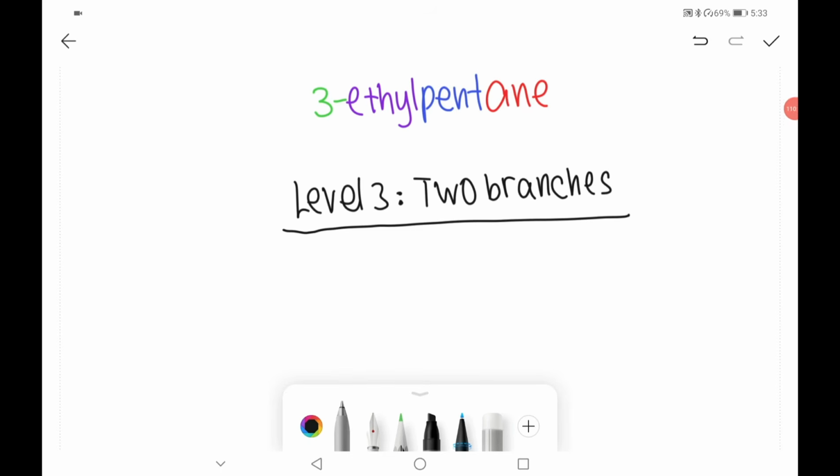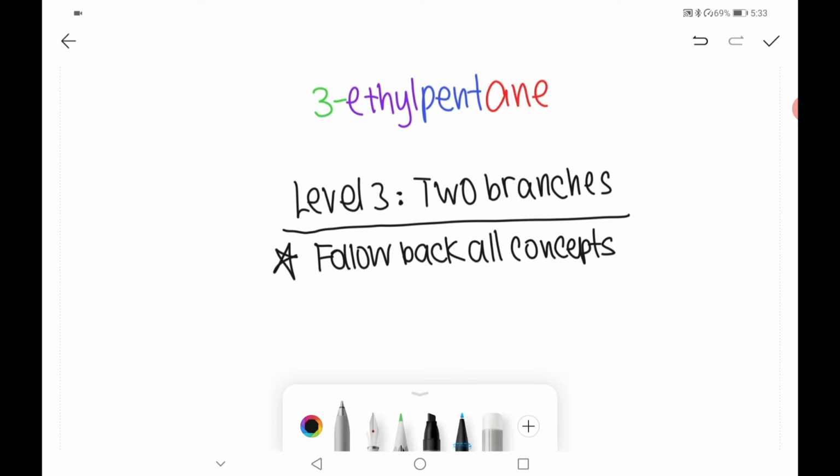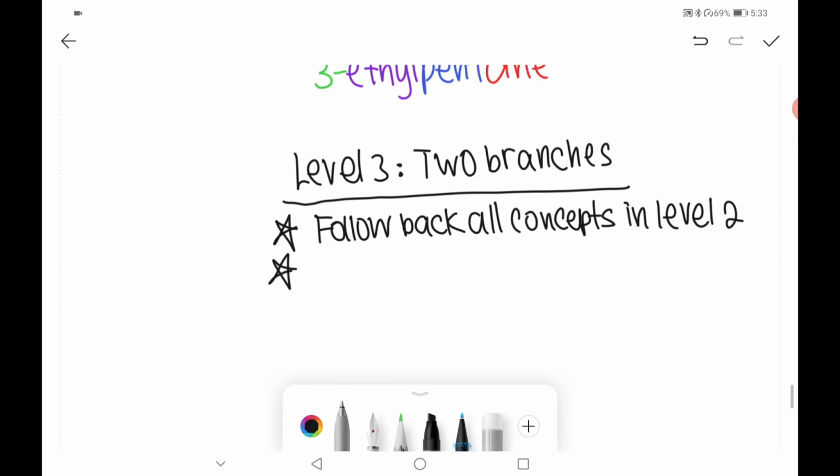So for 2 branches, what should you do? You will follow back all the concepts in level 2. You will still use the same concepts there. Then the only difference is this. There are 2 main differences. When you have 2 branches, you need to use a keyword.